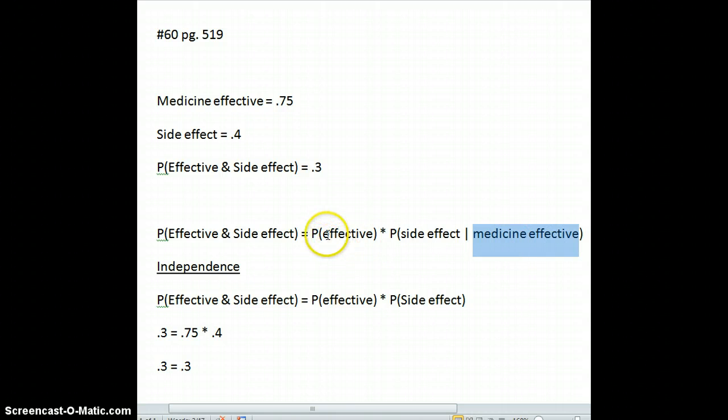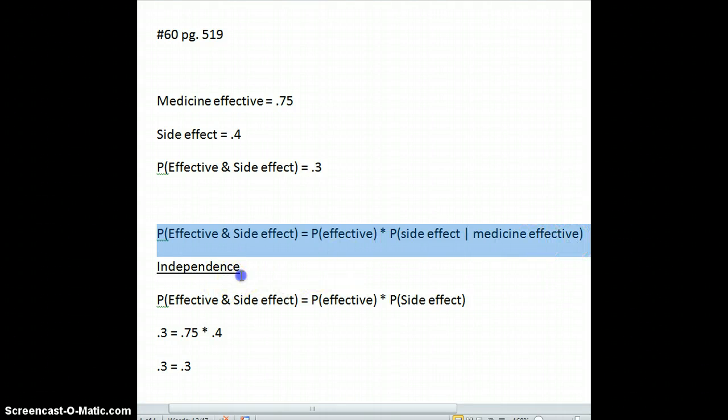Okay, so we're still doing probability of it being effective multiplied by the probability of the side effect, but this probability is probably changed or altered based upon what's already taken place, based upon the medicine being effective. So this is what you would typically do for just a general problem.